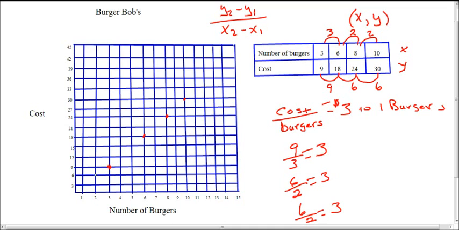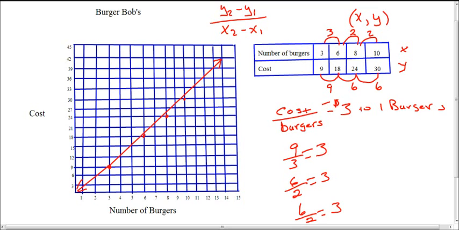Starting here, going all the way through, this is telling me that my graph is going to give me a unit rate, and it's going to look like that, which of course is a straight line.